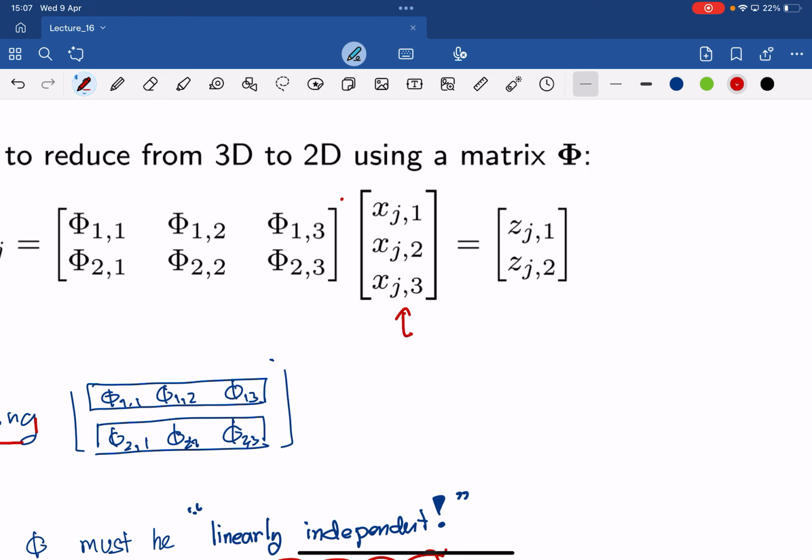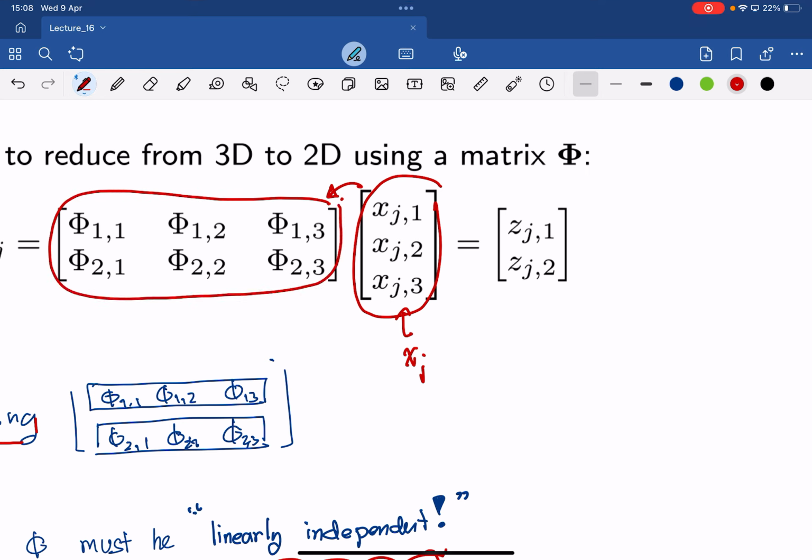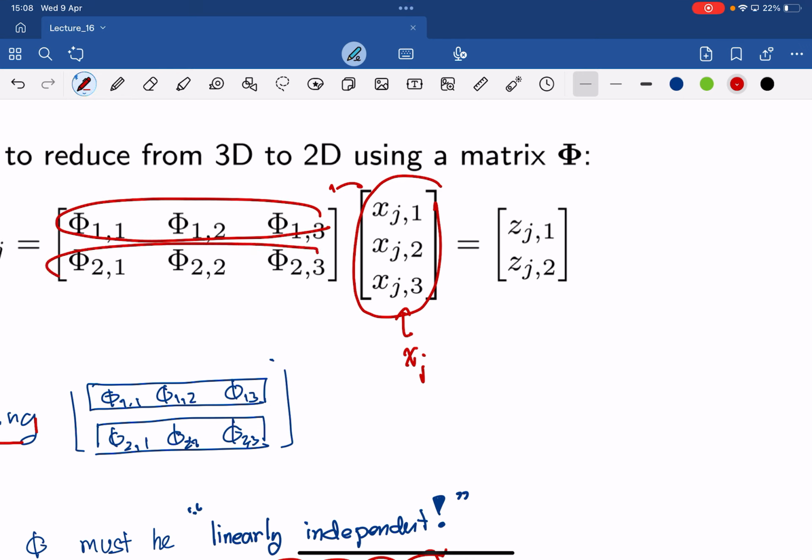The projection towards the new coordinates means you have to multiply this xj vector with this phi matrix. And what projects information down from 3 dimensions to 2 dimensions are the row vectors of your phi matrix.